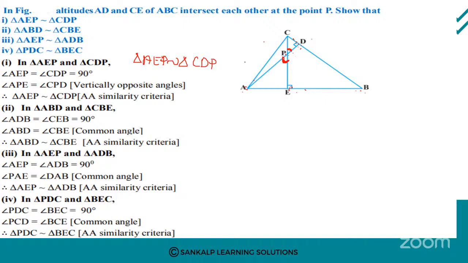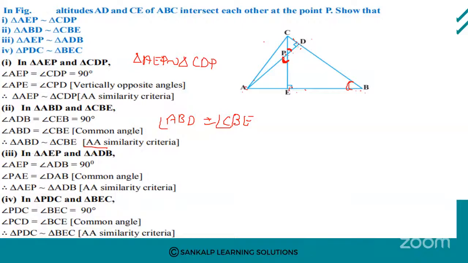Therefore, these two angles are equal. Next, angle B is common for both the triangles. Therefore, this angle is also equal. Therefore, angle ABD is equal to angle CBE. Now, again, two angles are equal. By using AA criteria, we can say that these two triangles are similar.